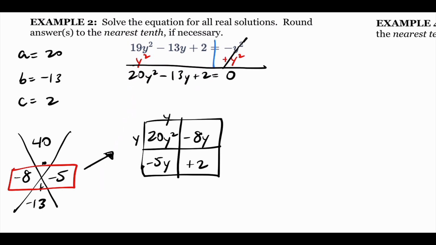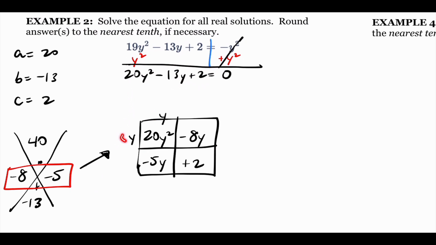I have a couple different ways to make 20. I can go 10 times 2, 4 times 5, or 20 times 1.